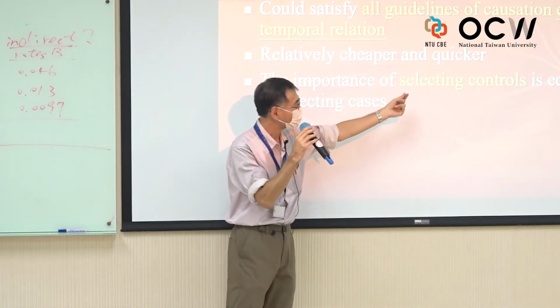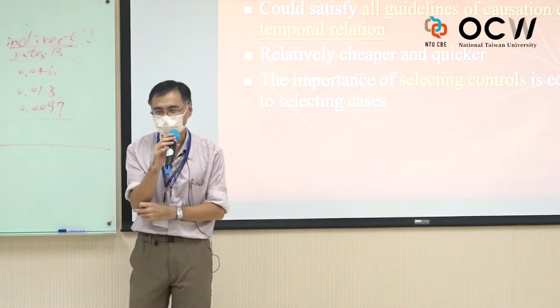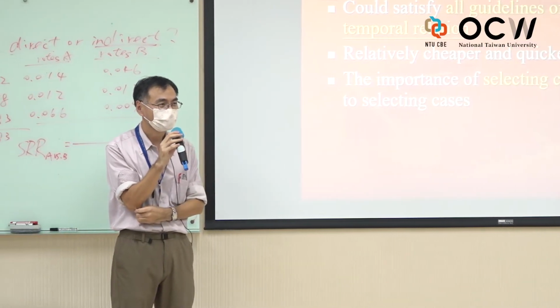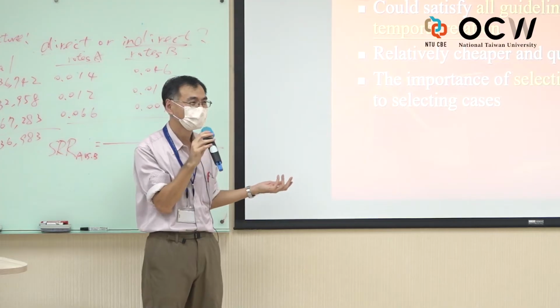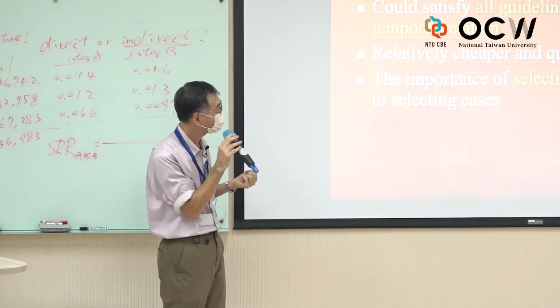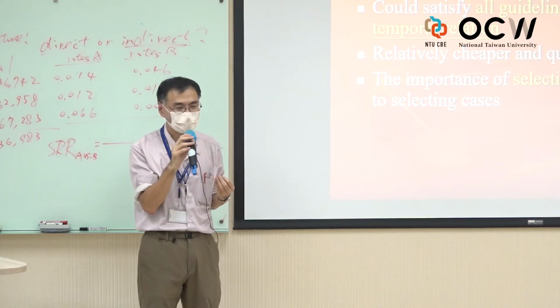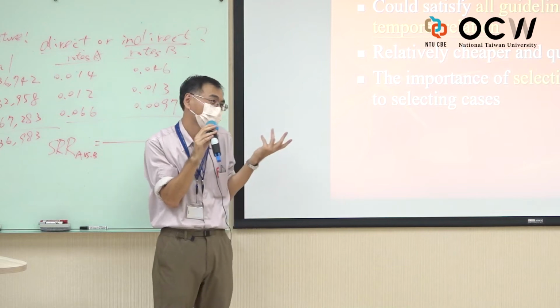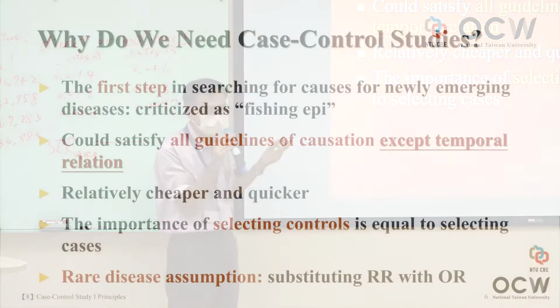But in the process of finding appropriate controls, it is sometimes challenging because of a lot of issues. First of all, they don't have the disease, so they are not there waiting for you to study them. And also the compliance might be lower. They are not willing to join your study because they don't feel anything about it.